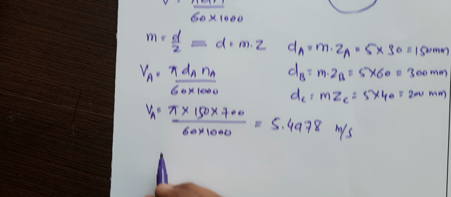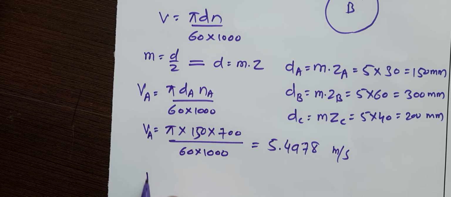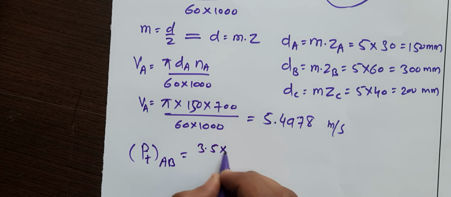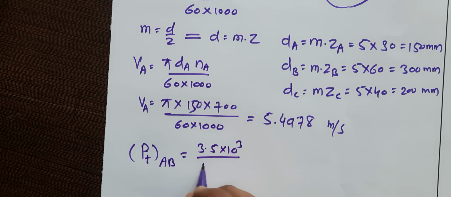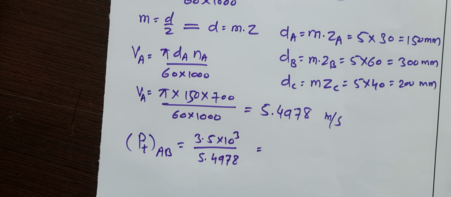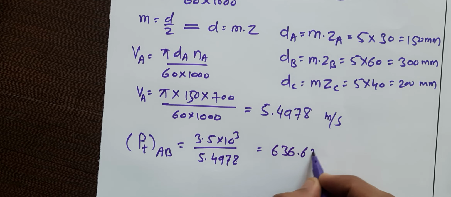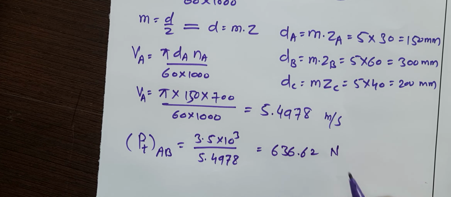Now we will calculate the tangential force between A and B, which is power 3.5 into 10 raised to 3 divided by velocity 5.4978. So you will get 636.62 Newton. This is the tangential force between gear A and B.